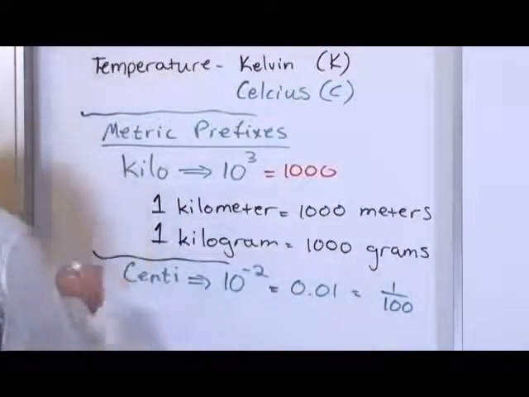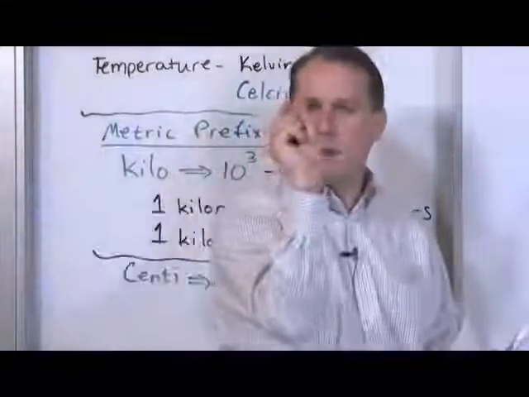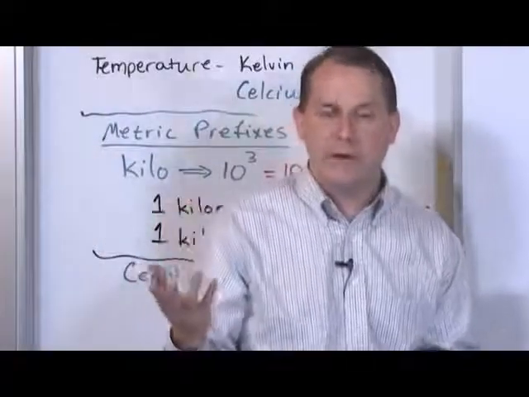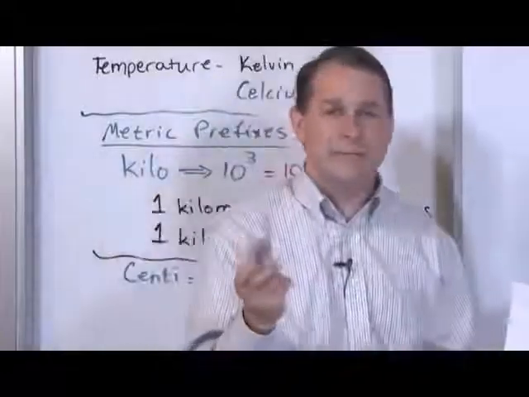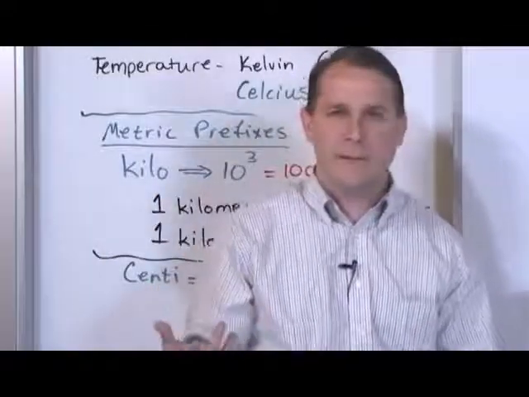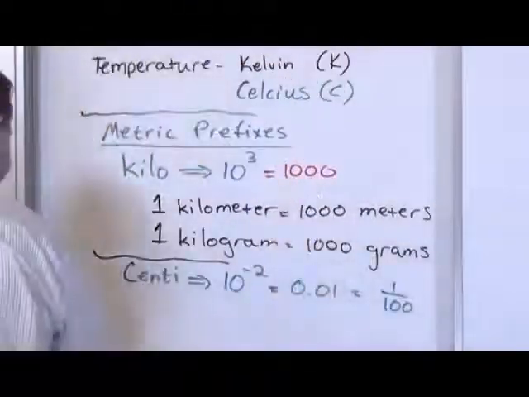So when we say 1 centimeter, which you probably already know, is about that big. It's much smaller than a meter. It's 1/100th of a meter. So it's a unit that's much smaller than a meter. Because it's convenient a lot of times, if I'm measuring something that big, to talk about centimeters. It would be cumbersome to talk about kilometers or even meters if I'm talking about something small.